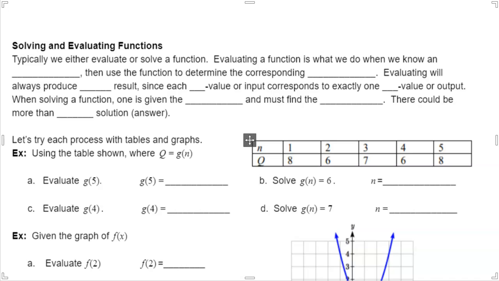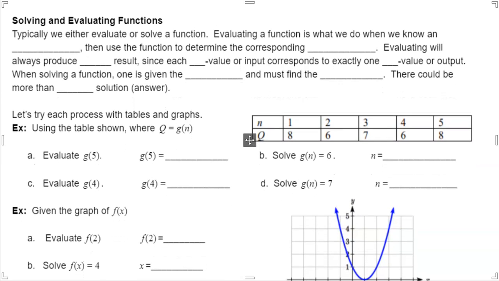All right, so we're going to look at two different things when solving and evaluating functions. One is going forward in a sense, and the other is going backwards. So typically we either evaluate or solve a function. Evaluating a function is what we do when we know an input value.